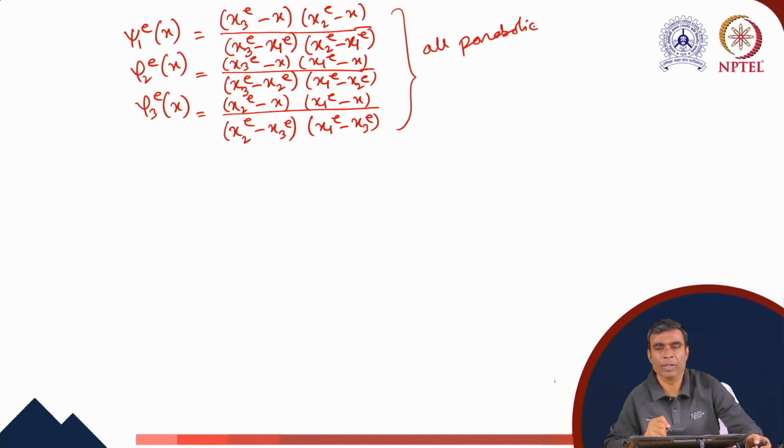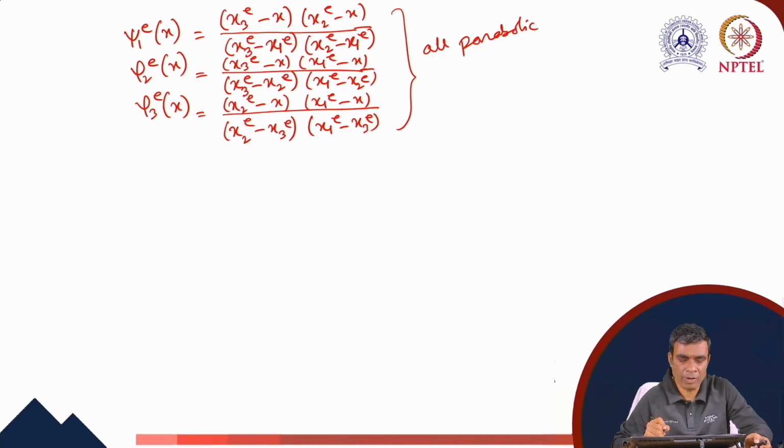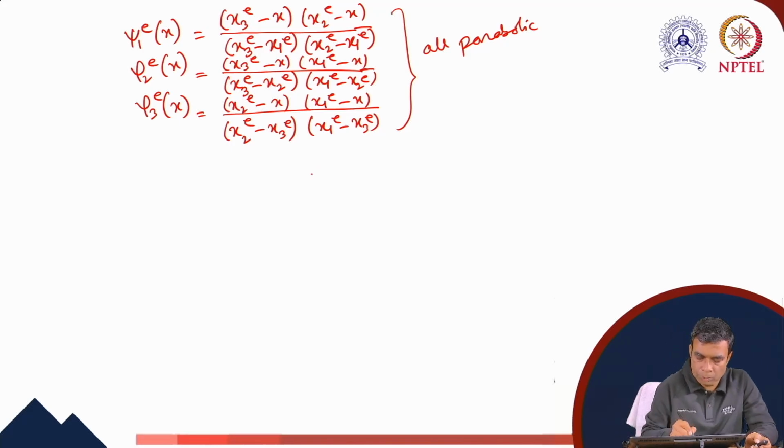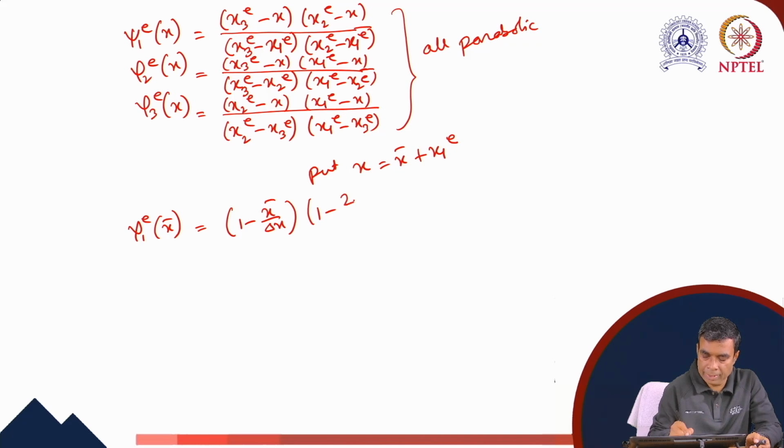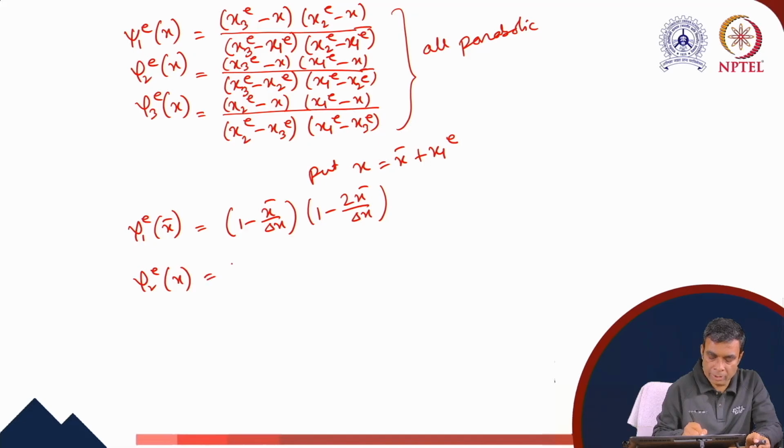So this is coming from a general formula of obtaining Lagrangian shape function of bar elements of any finite order. So in these expressions, if we put the transformation relation x equals x bar plus x1e, it can be found that psi1e of x bar equals 1 minus x bar by delta x into 1 minus 2x bar by delta x. Psi2e of x bar equals 4x bar by delta x into 1 minus x bar by delta x.